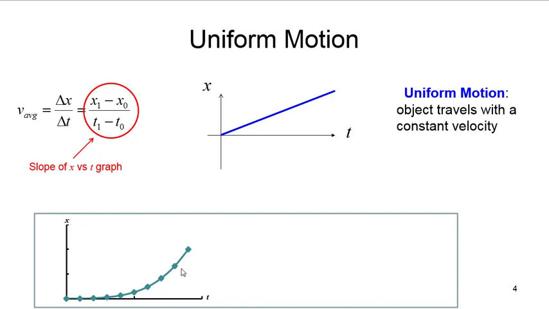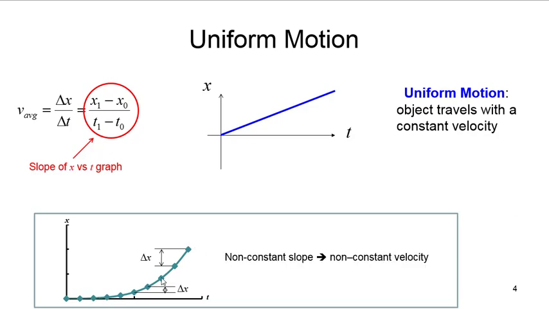Real quick, let's just look at a different type of graph. So here's the x versus t graph with some different positions marked out. This is not uniform motion. It's not uniform motion because at a certain time interval, like from this time to this time, we only move this much in x, and from this time to this time we've moved a lot more in x. So I would describe this object as speeding up. It's going faster and faster. This is not uniform motion.